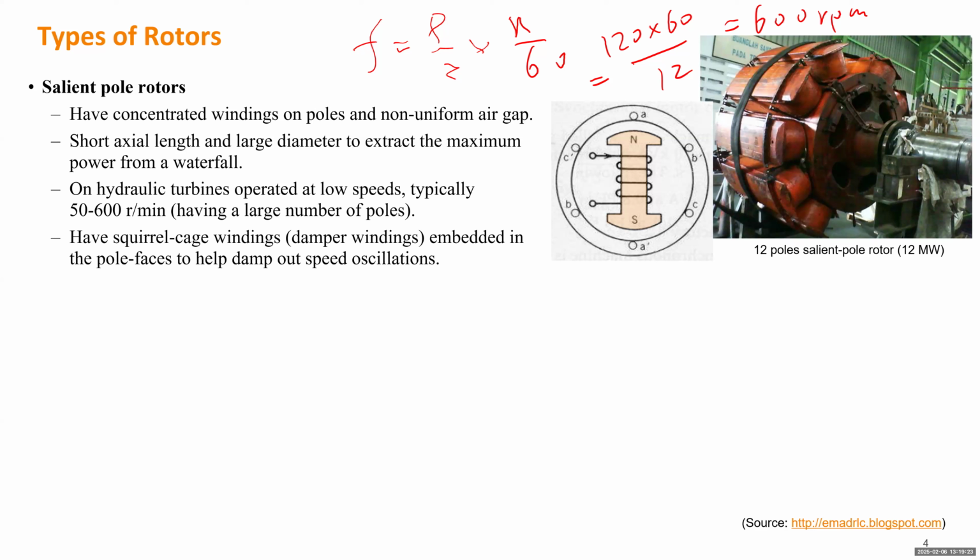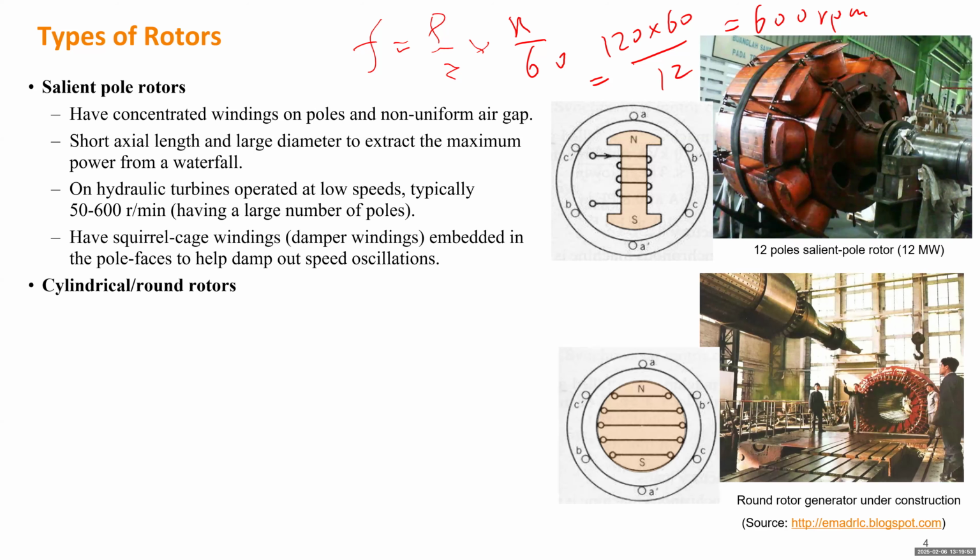If there's a disturbance, the rotor will be oscillating, shaking, so there will be a current induced inside the squirrel cage windings. Because it's made of a highly resistive material, it will generate some heat. That heat converts oscillatory energy into heat, which can help damp the oscillation.